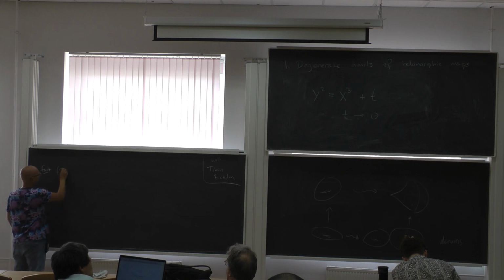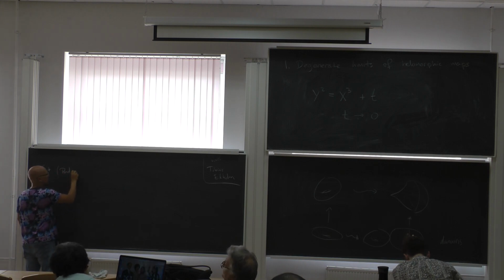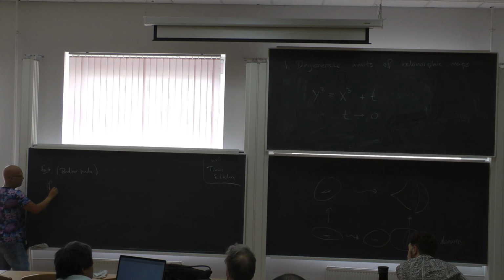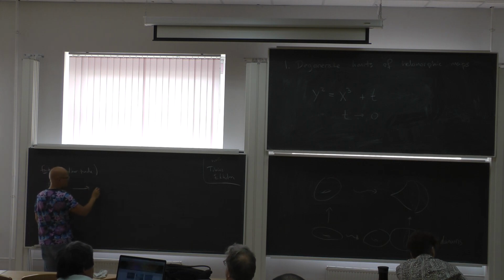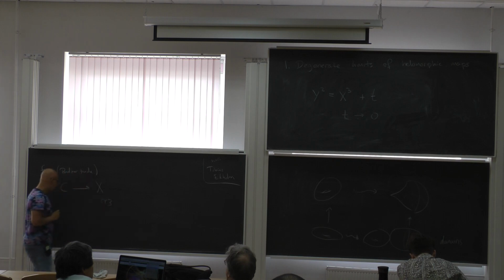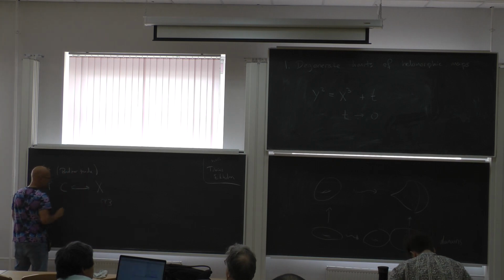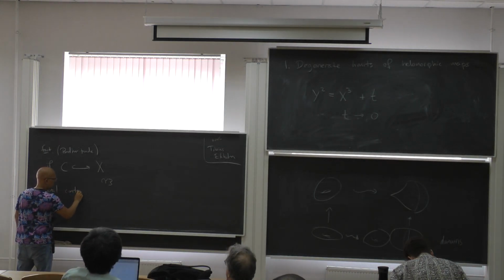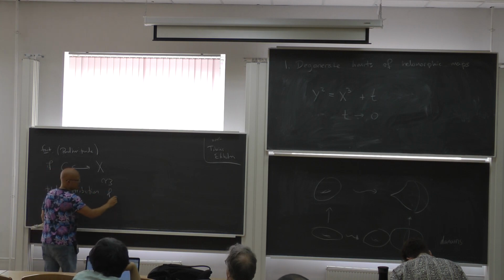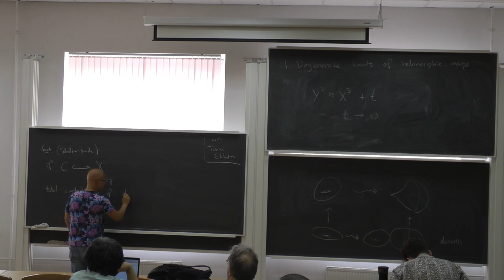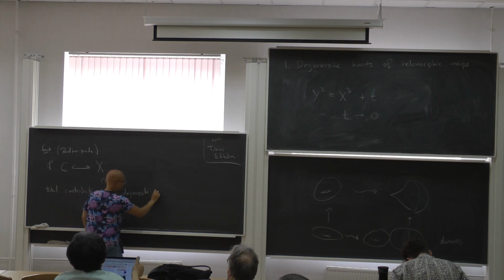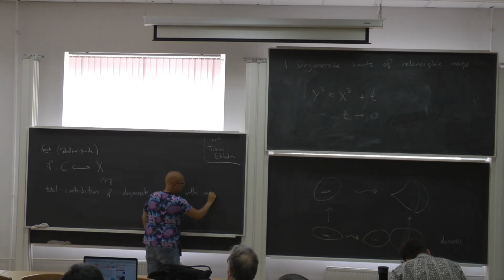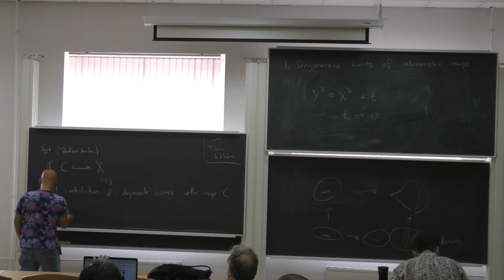So here's a fact which was proved by Rahul long ago: if I have a map to a Calabi-Yau threefold, and this map is an embedding, then the total contribution of these kind of degenerate curves where some pieces are collapsed, with image C, is given by some particular formula.